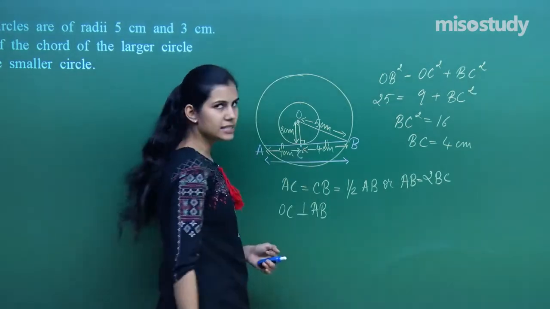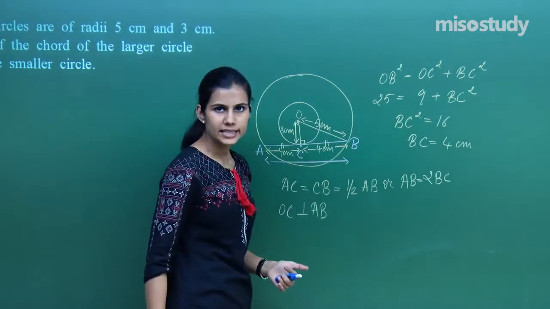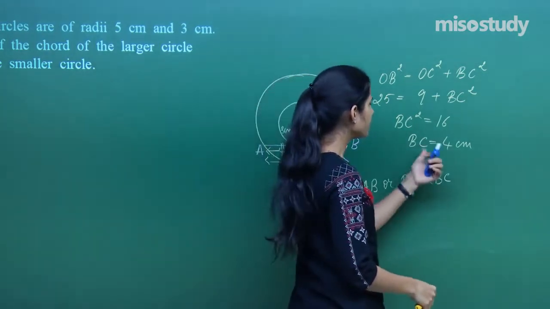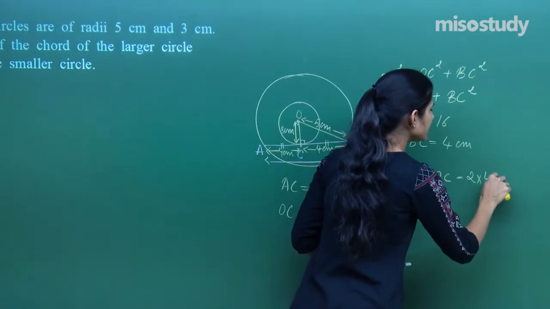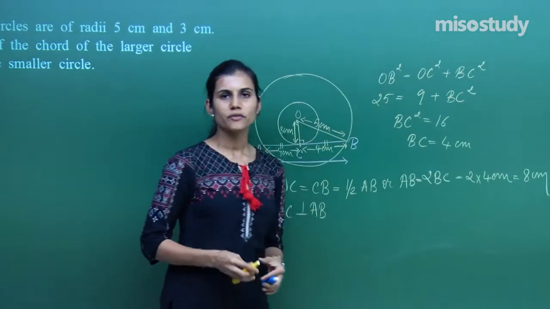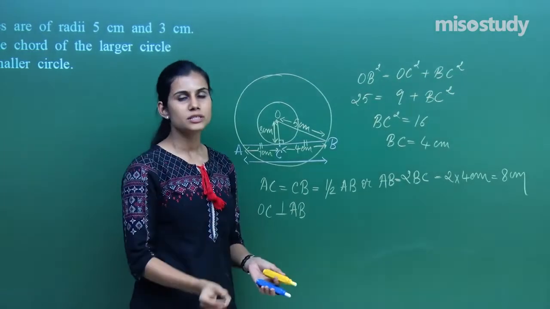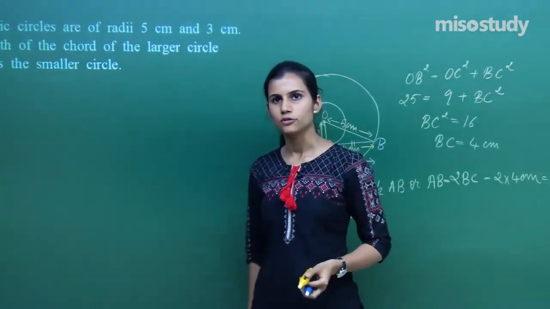Why? Because AC is same as BC and therefore AB's length is 4 plus 4, that is 8 centimeters, or you can directly compute AB, which is twice of 4 centimeters, which is 8 centimeters. So the length of the chord of the larger circle which touches the smaller circle when the two are concentric is 8 centimeters in this scenario.